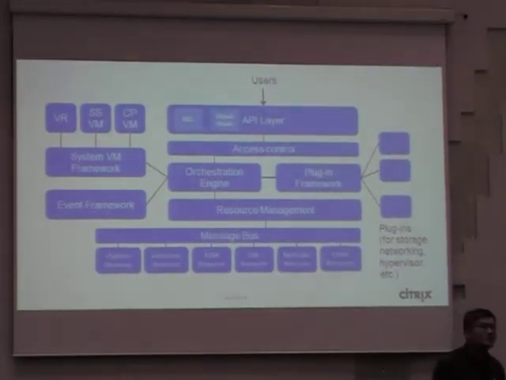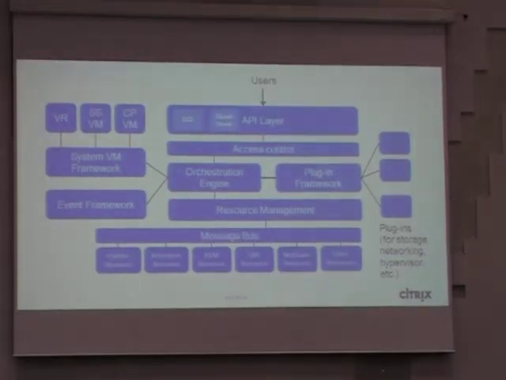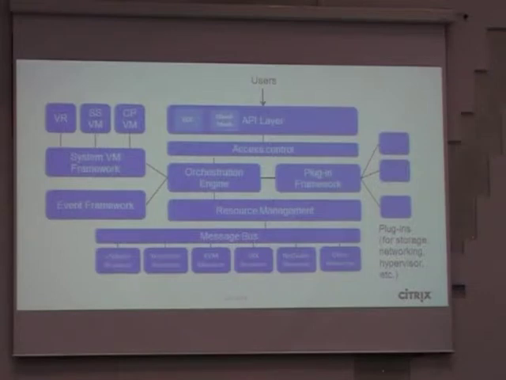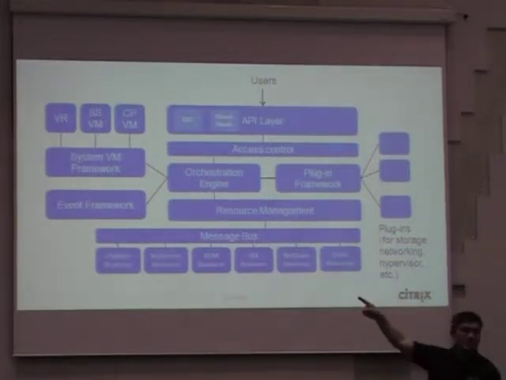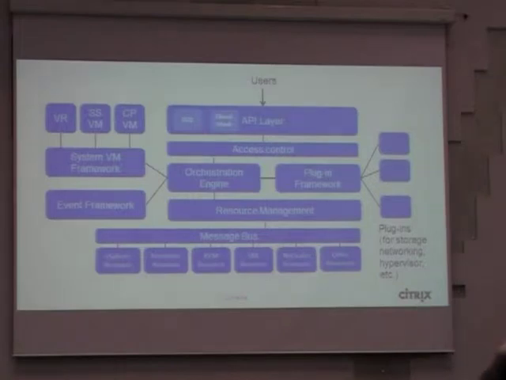The orchestration engine contains some of the core business logic of running the cloud, but because it deals with so many different types of hardware, it has to be extended all the time. So the way to extend the capability of the orchestration engine without making big changes is by introducing a plugin framework.